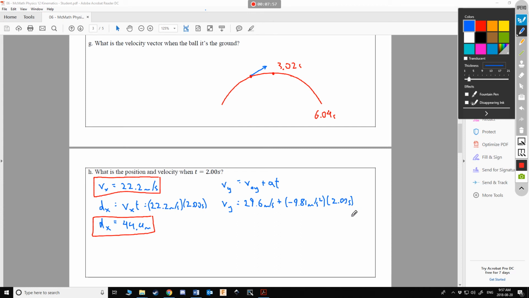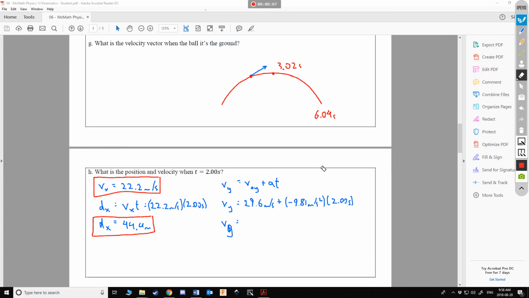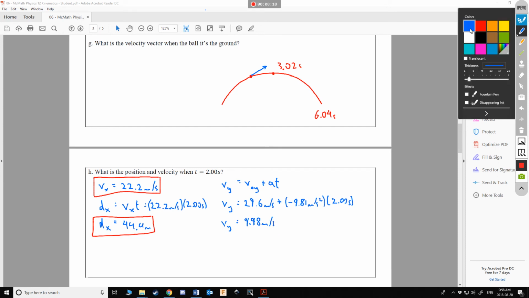So 29.6 minus 9.81 times 2, we get 9.98 meters per second in the y direction.